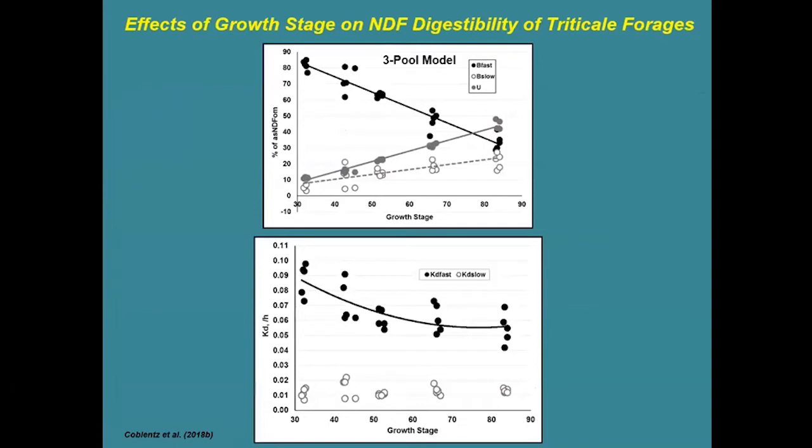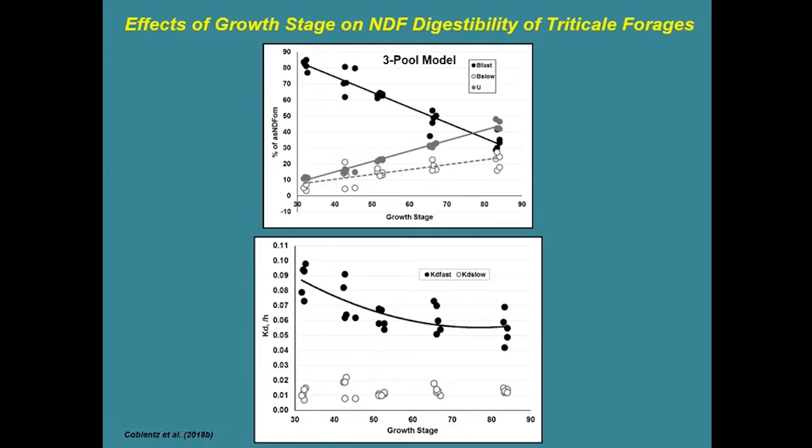The last thing I want to touch on with respect to this scenario is, if you have been in tune with academia or the consultant sphere, you may be aware that there's been some discussion over the last 5, 6, 7 years about 2 and 3 pool models for fiber digestion.